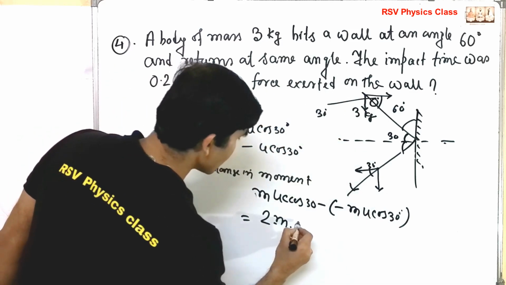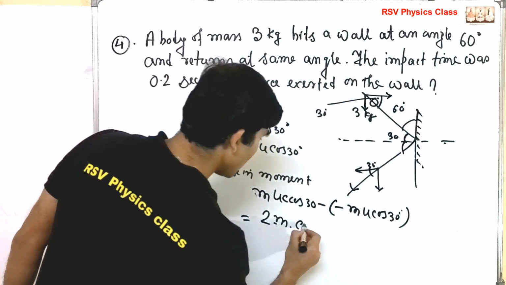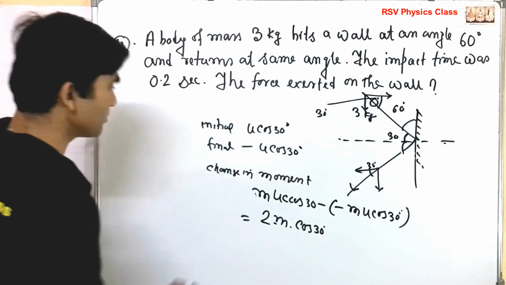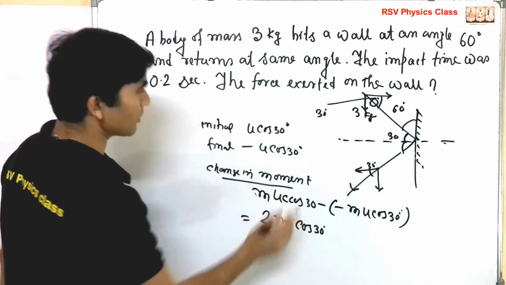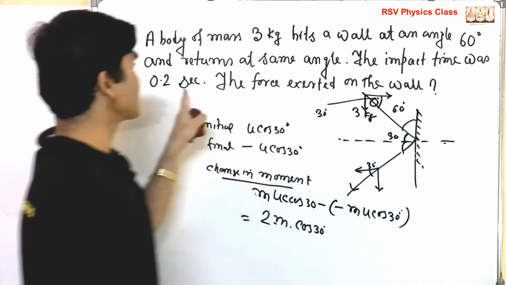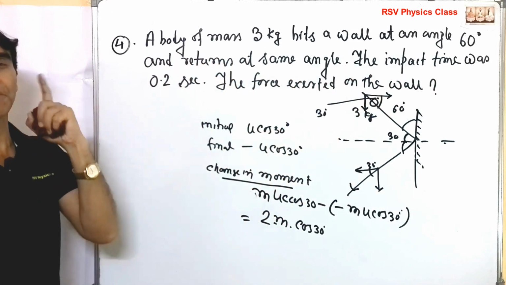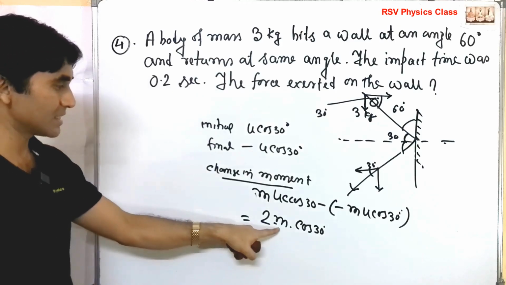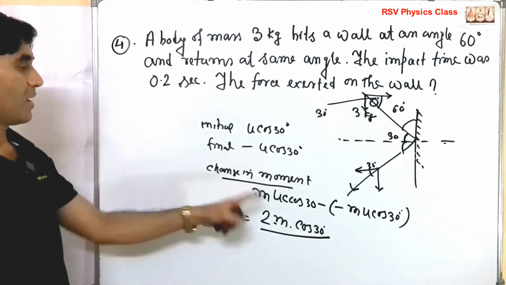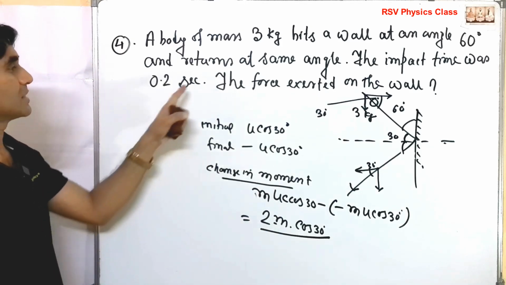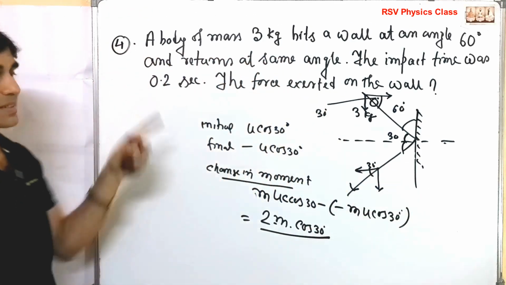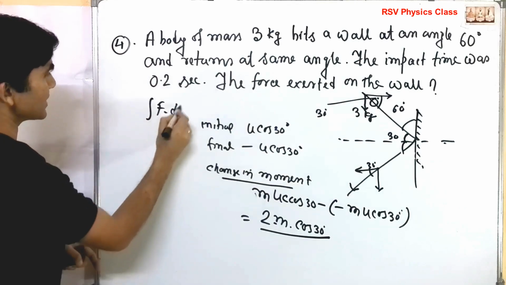Twice m u cos 30. So twice m u cos 30 is the change in momentum, which is the impulse. Now the rate of change: the impact time is very much less, so this is called impulsive force. This portion is your change in momentum. So this is impulse. In the last question I saw, F dt is impulse.